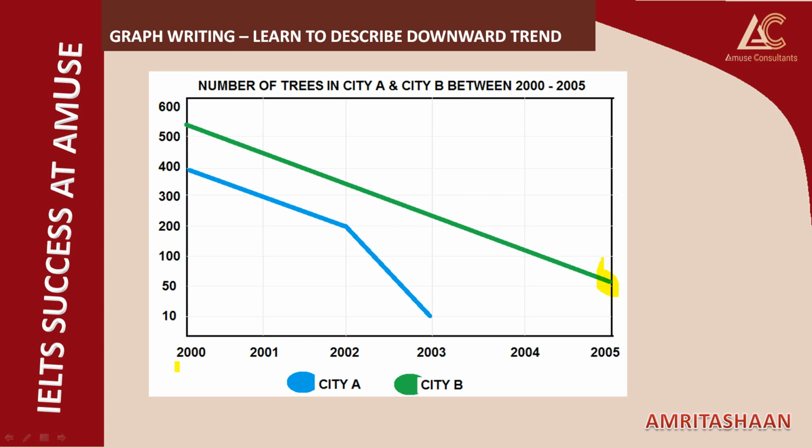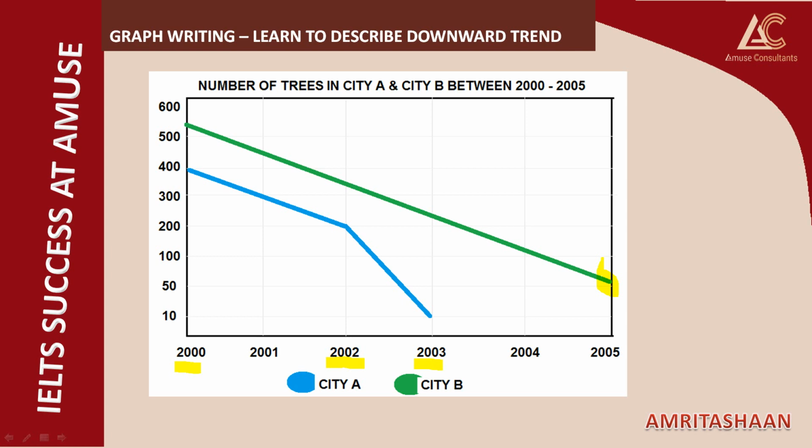Between year 2000 to 2002, in city A, there was a sudden fall, or we can also use some other word. We are seeing that there are the parallel trends. Between 2002 to 2003, the number of trees in city A fell down dramatically as the number came down from 200 to less than 10 or less than 50.